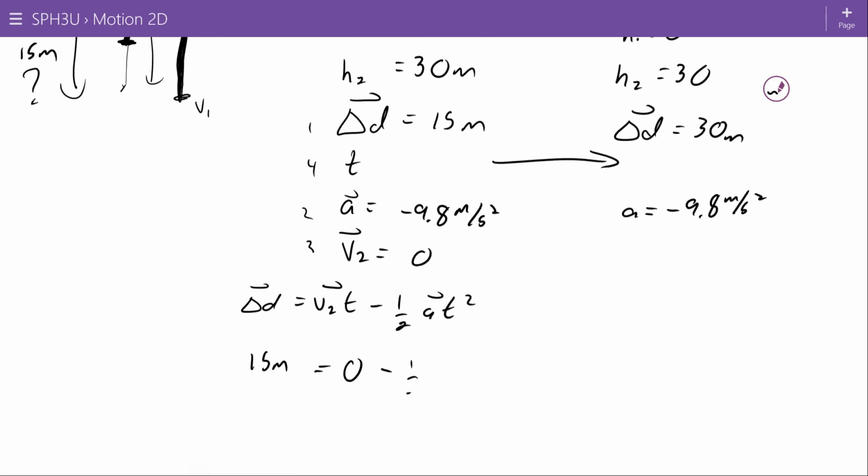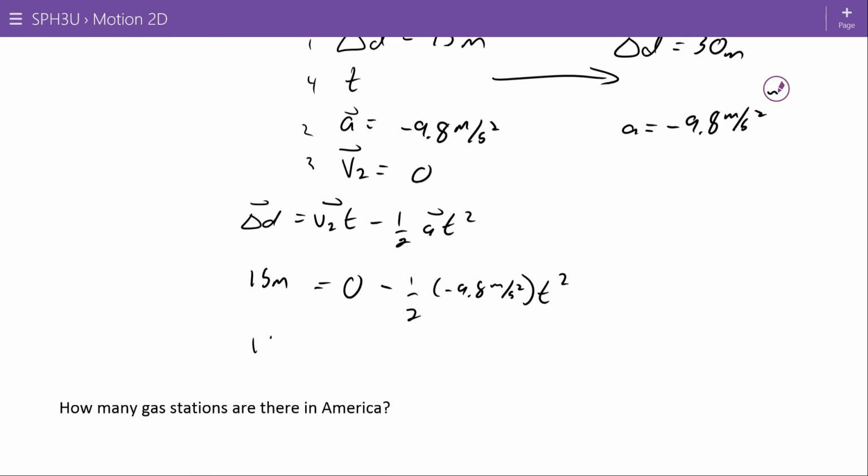Minus 1/2 times the negative 9.8 meters per second squared, T squared. So 15 equals, two negatives make a positive, positive 4.9 meters per second squared, T squared.